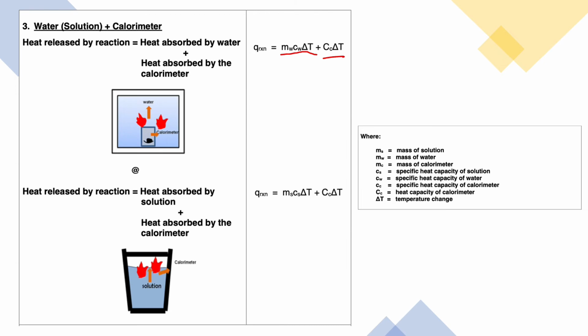So in this case, all heat is absorbed by both the calorimeter and also either the water or the solution, depending on the question. So for these questions, we just directly go and see what type of question is related to this situation.